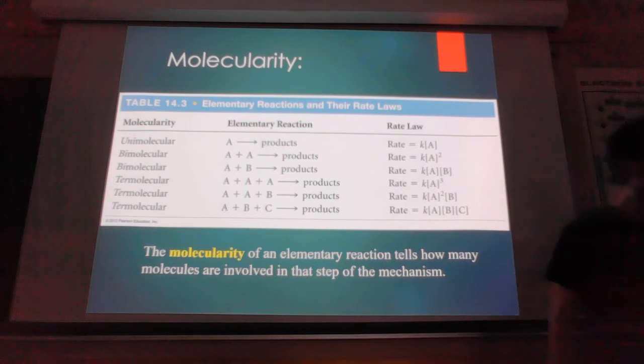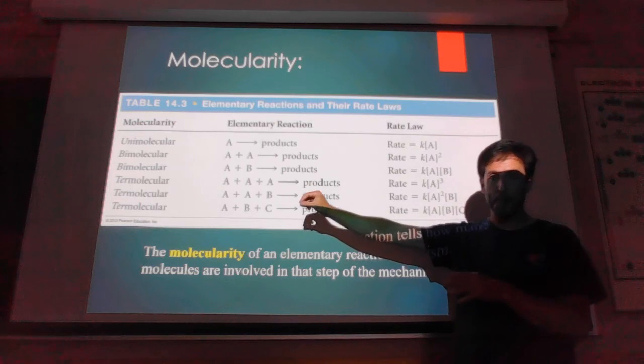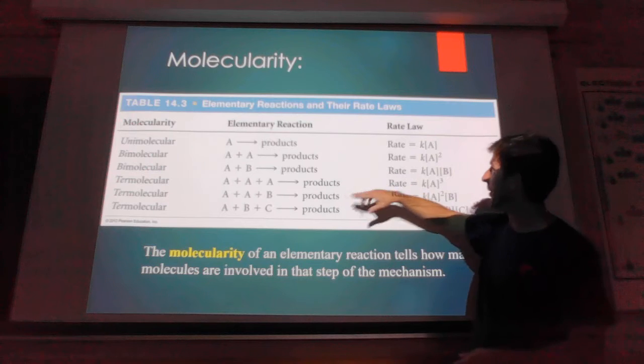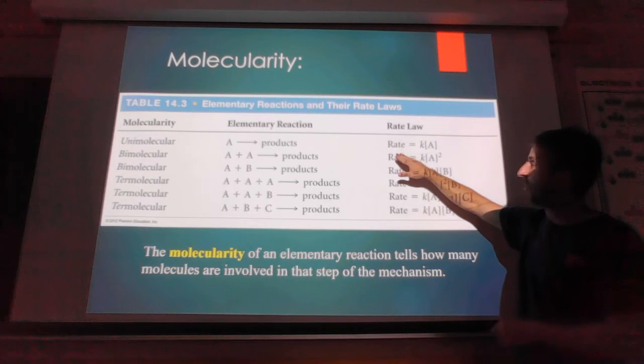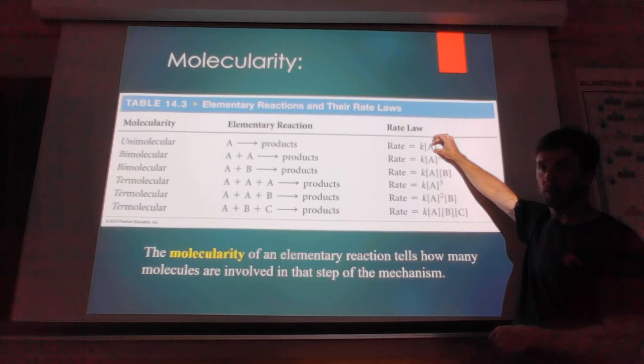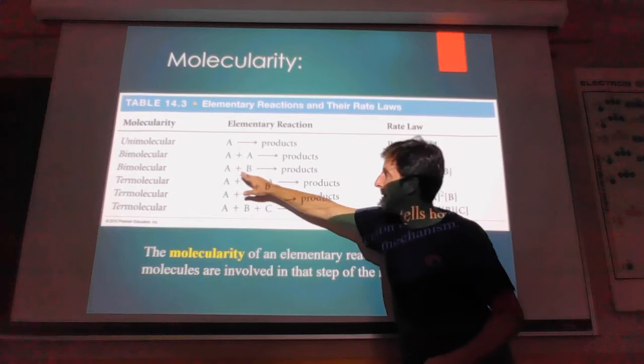Okay? Now, for each one of those steps, we should be able to write a rate law. So if it's unimolecular, if there's only one molecule involved, the rate will equal k times that molecule. If it's bimolecular, if it's A and B, well, there's one of each.